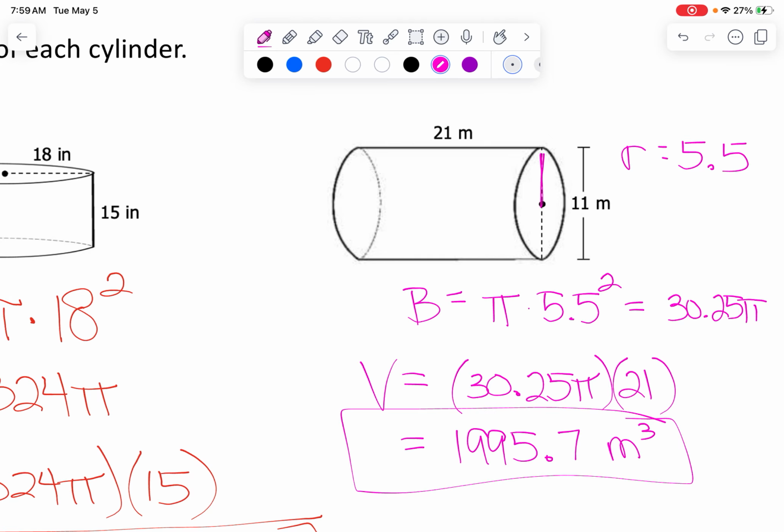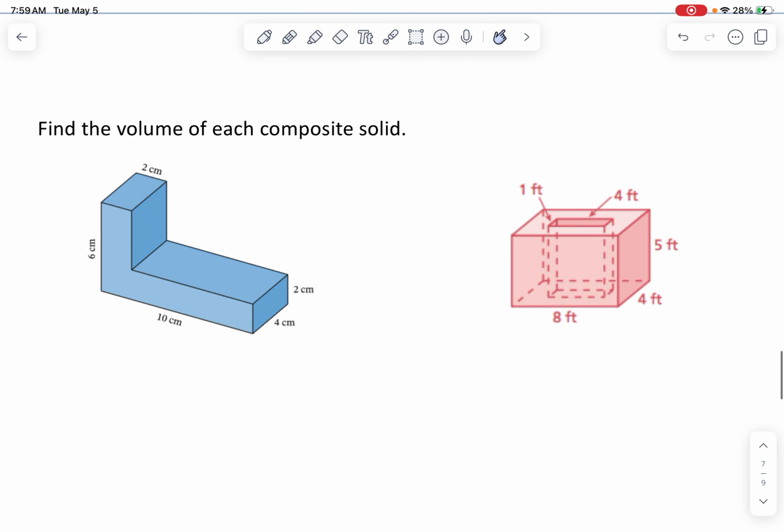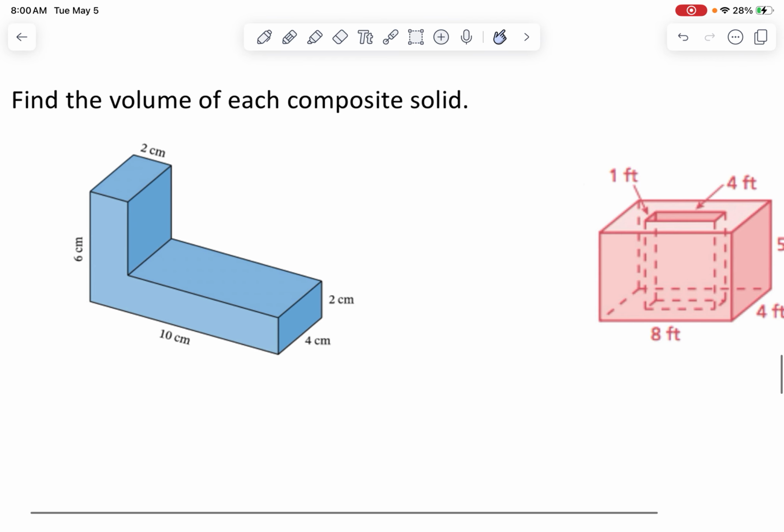Okay, so hopefully that makes some sense to you. That's how you find the volume of a prism and a cylinder. Let's look at some composite solids and talk about those.